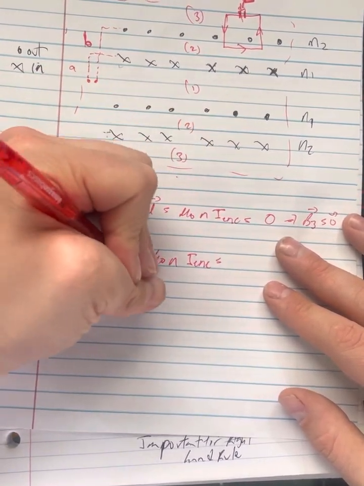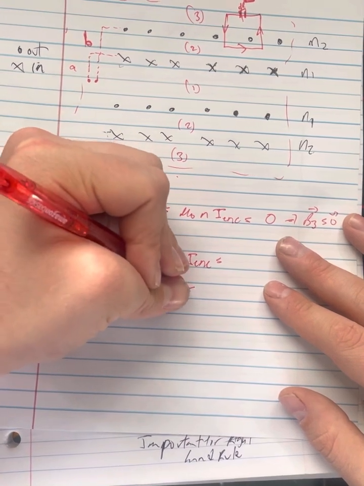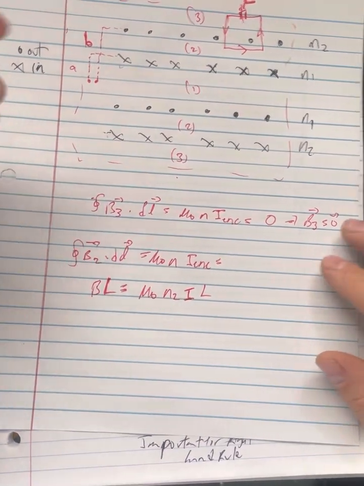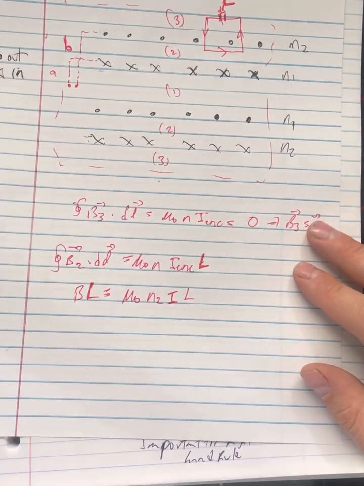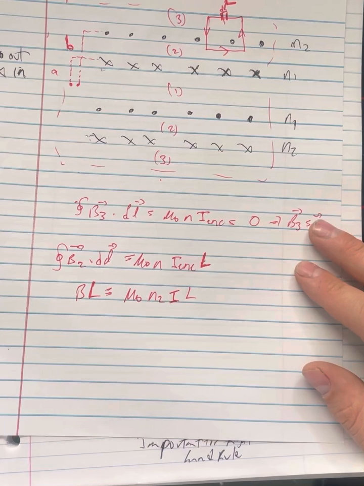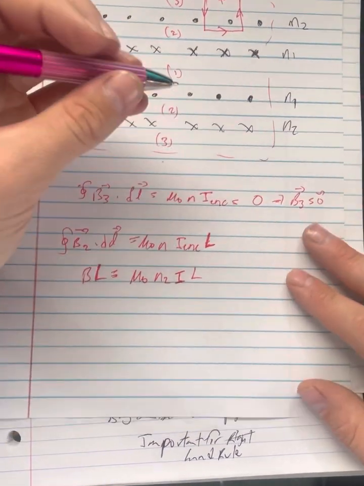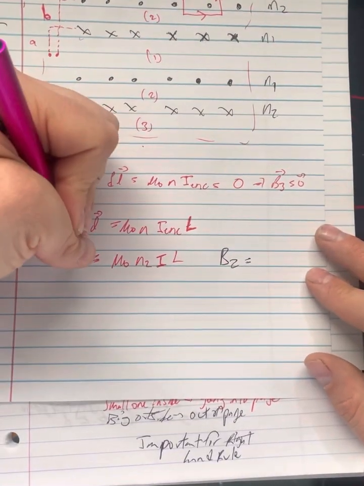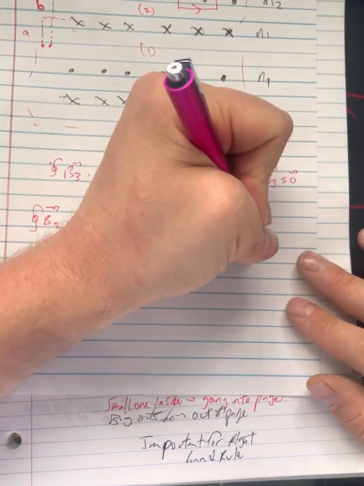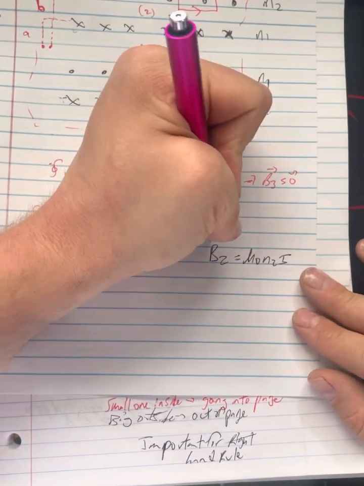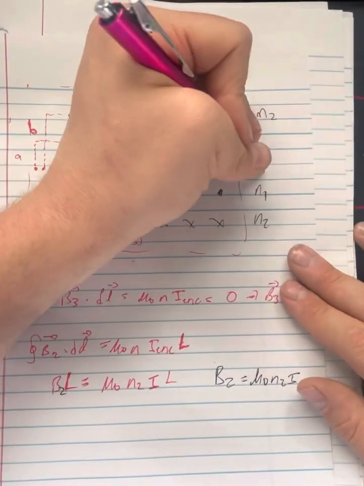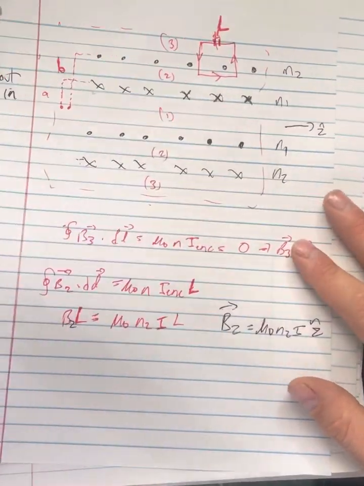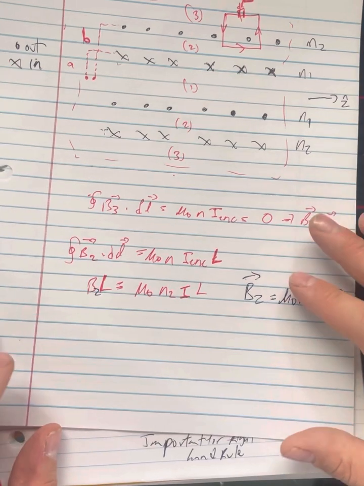BL is equal to mu naught N2 I L. Sorry, there's an L right here. Dividing out the L, you get B2 is equal to mu naught N2 I. And I'm going to define this direction as the z direction, so z hat. B2 is equal to mu naught N2 I.